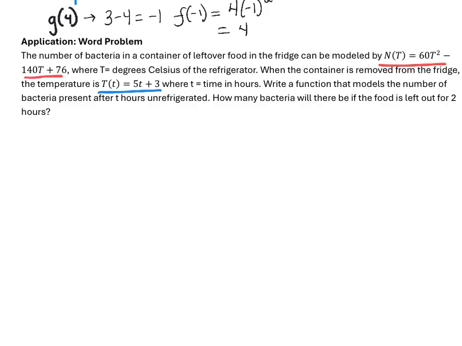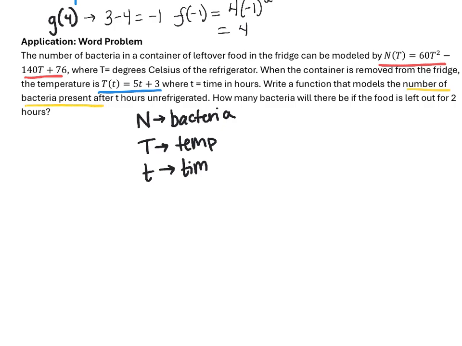So we have two parts here. First, we know that N is the number of bacteria. Big T is the temperature, and little t is time. And they're asking us to relate the number of bacteria to the number of hours. So we have to basically go from here to here. So in order to do that, we have to compose the function.